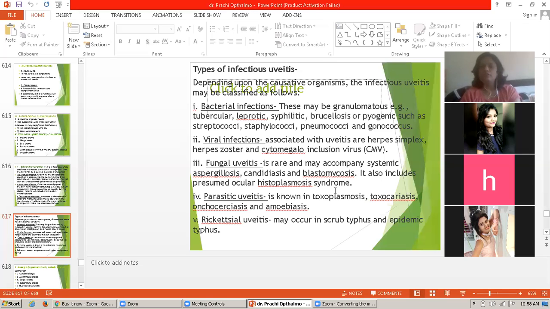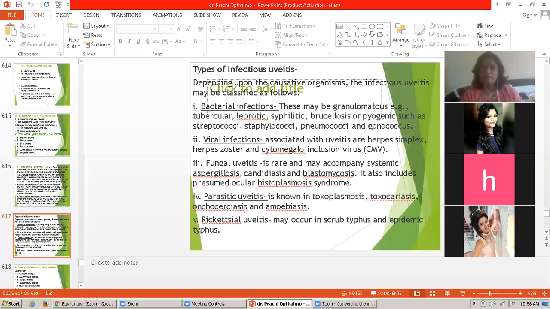Fungal uveitis is a rare condition, not common like bacterial or viral.